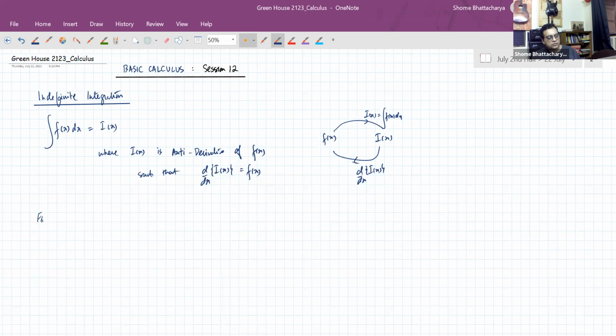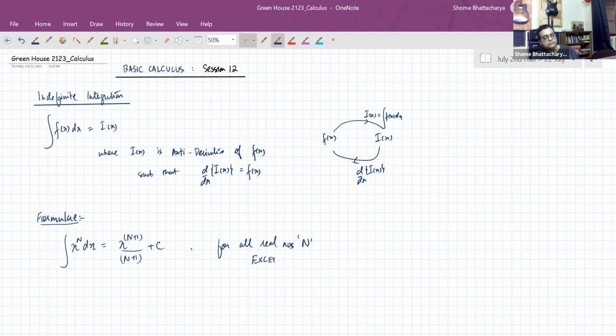The integration of x to the power n is generally given by this formula, valid for all real numbers n except n equal to -1.